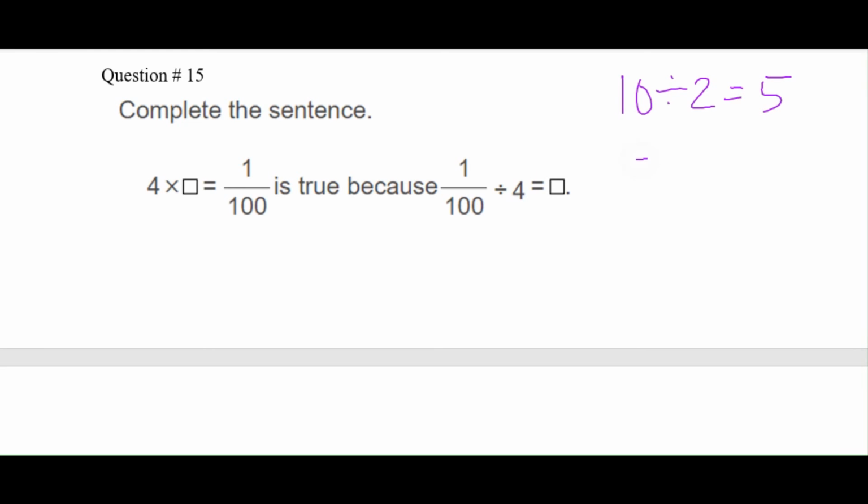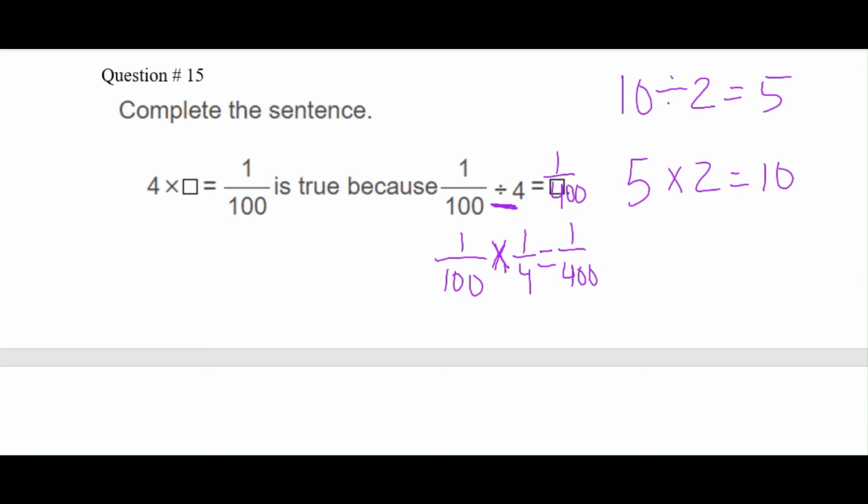So that means that 5 times 2 is equal to 10. So if we take this number right here, 1/100 times the reciprocal of 4, because dividing by a number is the same as multiplying by the reciprocal of that number, we can get our answer, which is 1/400.